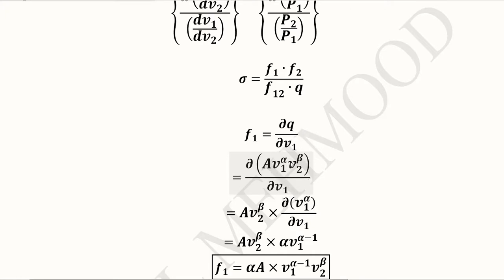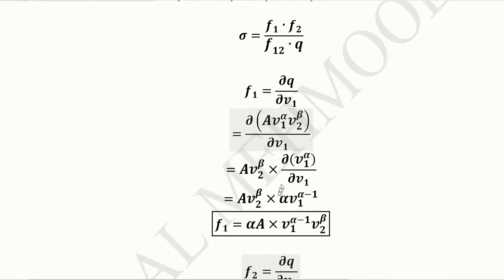So this is the production function. We differentiated it with respect to the first input, and we are going to solve this. We have extracted those terms that didn't have v1 in them, and now we have the term with v1 in it.